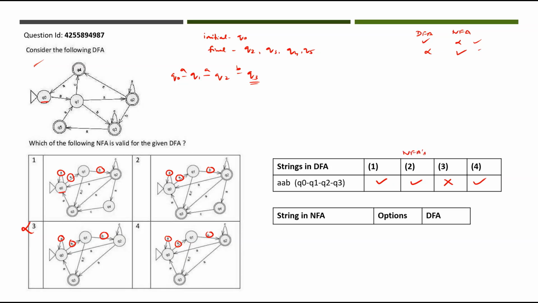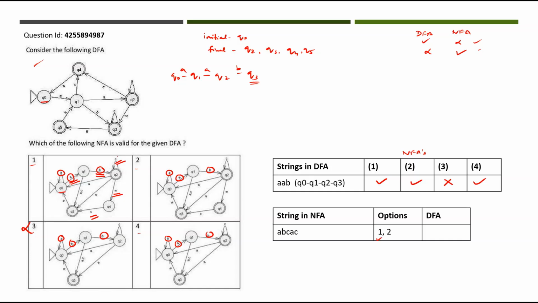Now we will work it the other way. We will take a string, and if that string is accepted by the DFA, then that is the valid NFA. If that is not accepted by the DFA, we can just rule out the option. We will go for A, B, C, A, C. Let's check whether it is accepted first. We have A, B, C, A, C. It is ending in a final state.